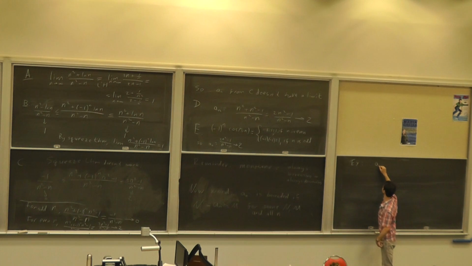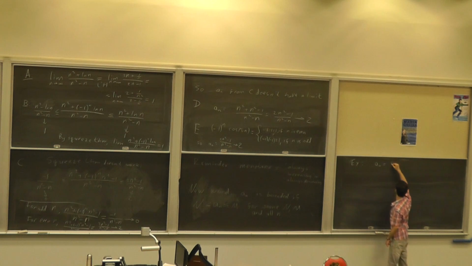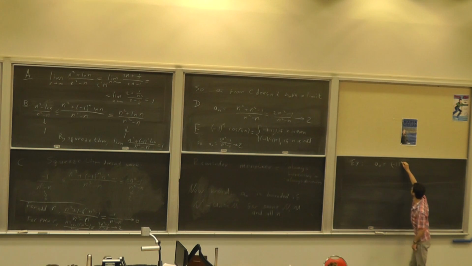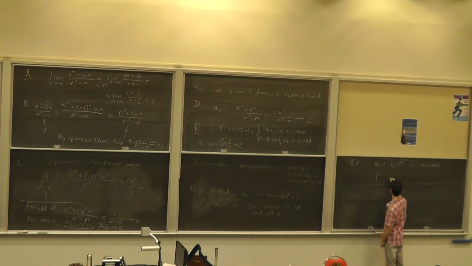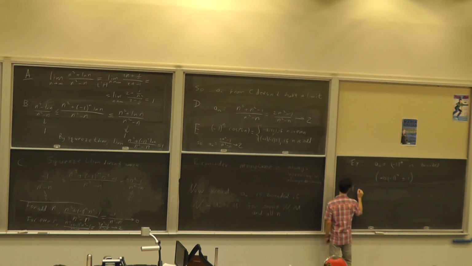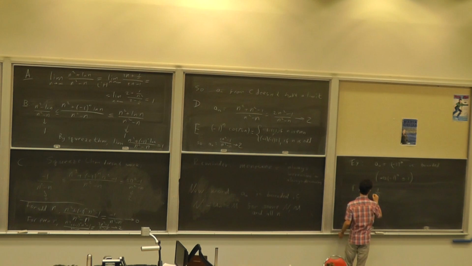Something like minus 1 to the power n is bounded. Why is it bounded? Well, minus 1 to the power n is always between minus 1 and 1. Another example, 1 over n.